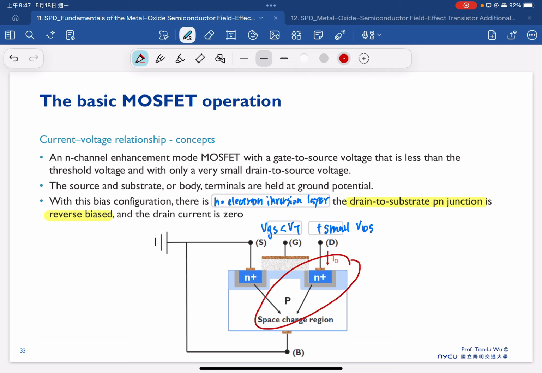One thing we need to keep in mind is that for a typical PN junction under reverse bias, we should expect to see a depletion region between this P and N junction. So we should have the depletion region here.